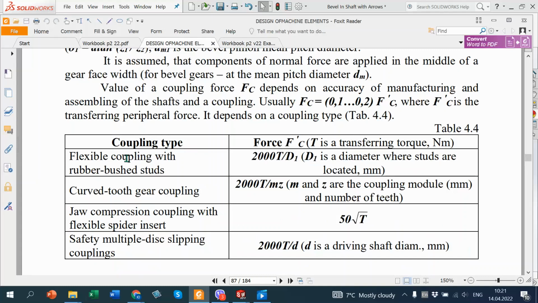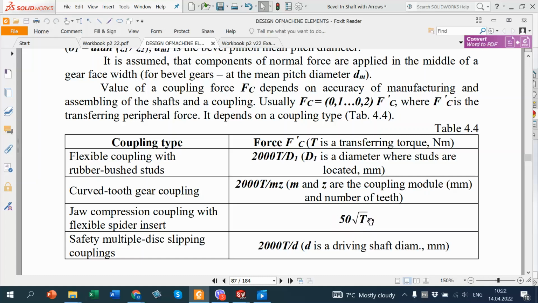We found parameters of coupling, and we took this type jaw compression coupling, and it may be calculated like this force, and we usually take 10% from this total force. So this is a value of coupling force.